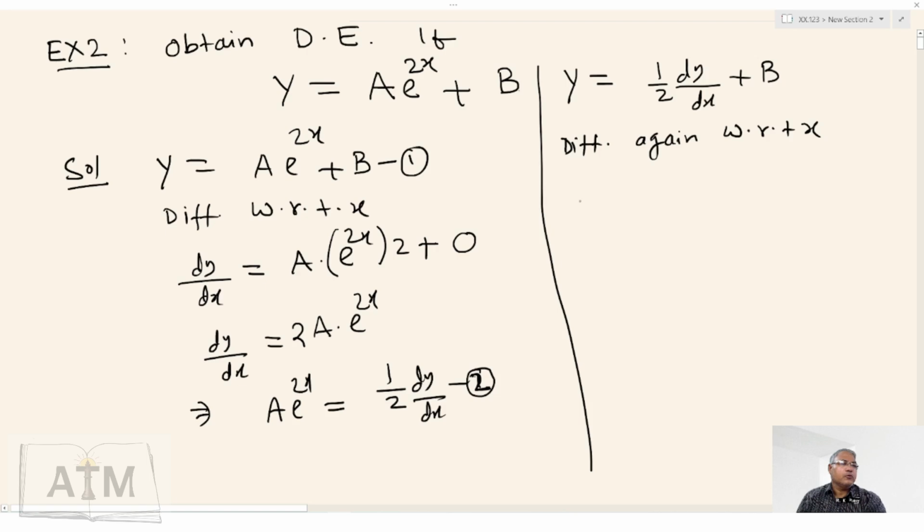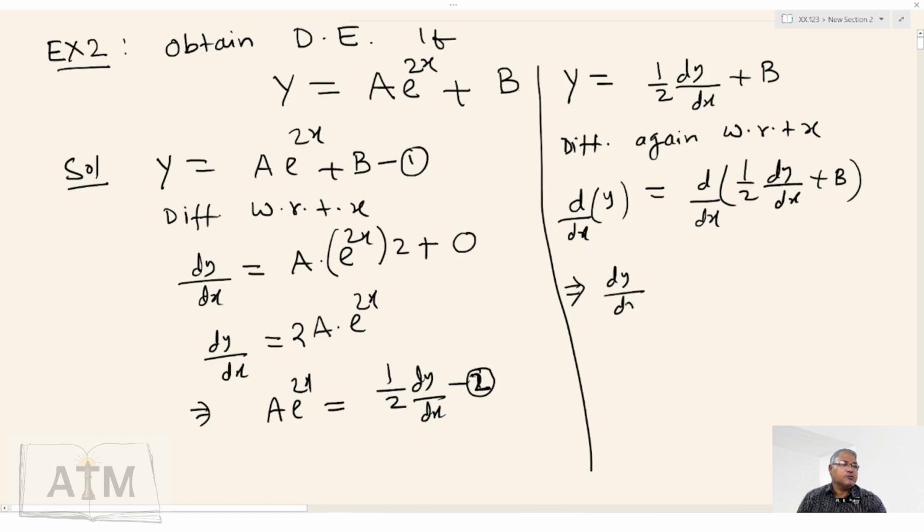Therefore, differentiation of y with respect to x equals differentiation of (1/2) dy/dx + b with respect to x, which implies dy/dx equals (1/2) d²y/dx² + 0.